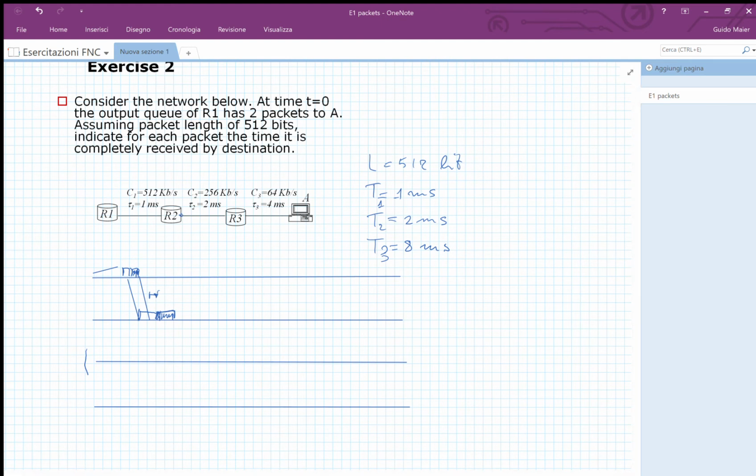Now we have the propagation. And this time it takes 2 milliseconds as a propagation delay.